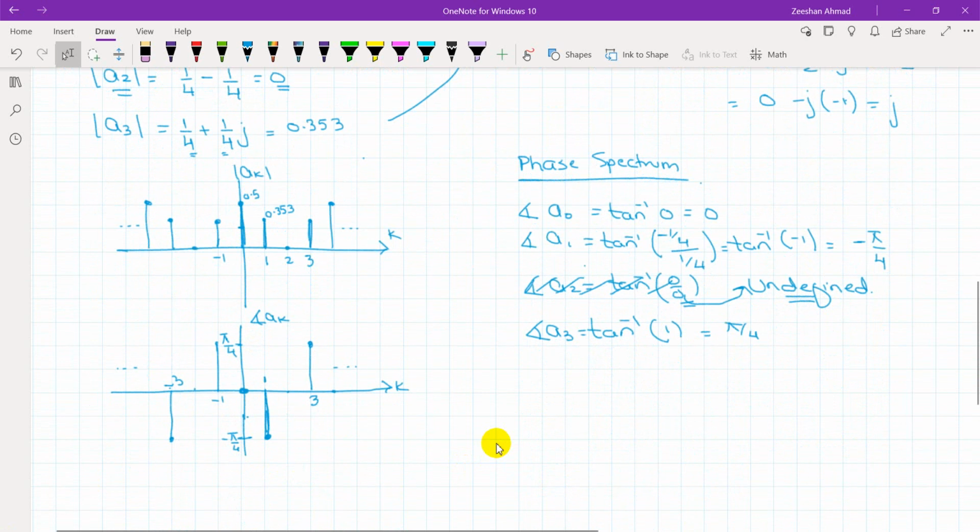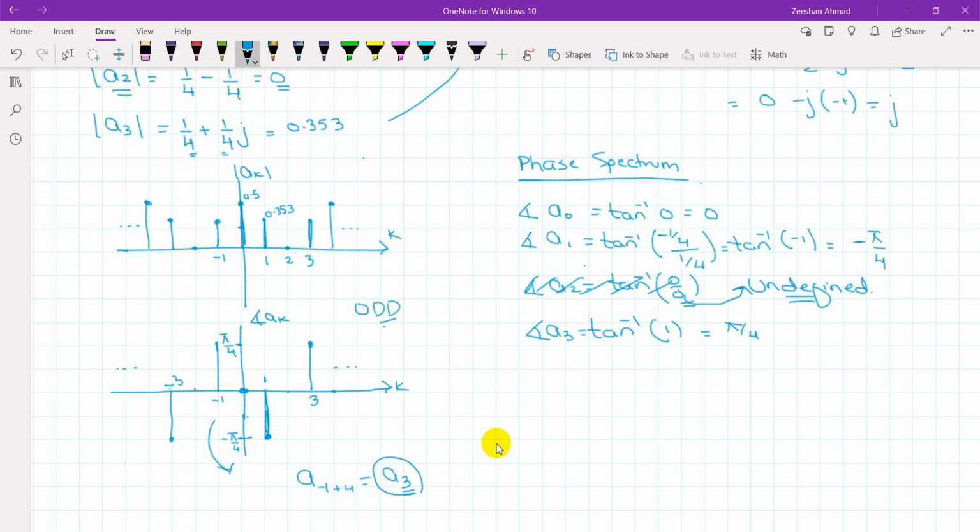Just to show you why I have this value, for example, A of minus 1 plus N naught is 4 here, so it means I'm going to have A of 3. So the same value is repeating at A of 3 here, like what we did previously. But remember that the phase spectrum should be odd symmetric here, and the magnitude spectrum should be even symmetric here.